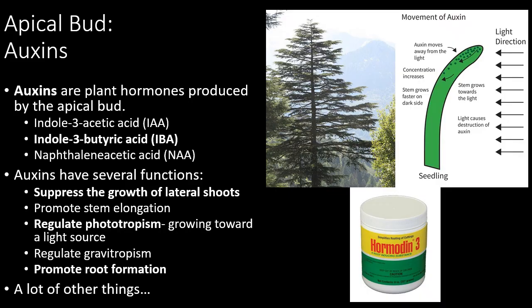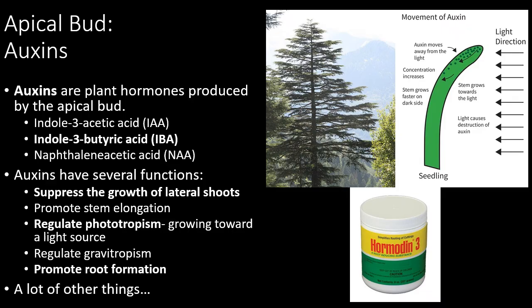So if you buy a container of any type of rooting hormone, be it a powder or a liquid, indole 3 butyric acid is almost always the main active ingredient. Plants more commonly produce indole 3 acetic acid, but indole 3 acetic acid is not particularly shelf stable. It tends to break down pretty quickly. Indole 3 butyric acid has basically the same effect, but it's shelf stable.